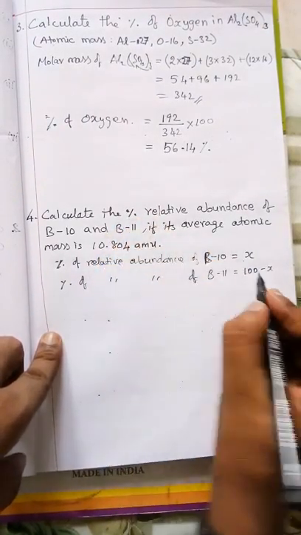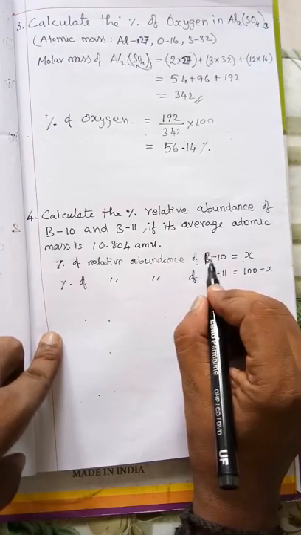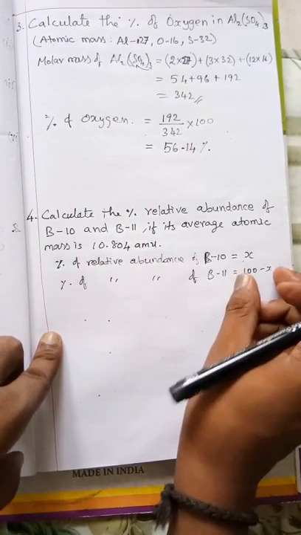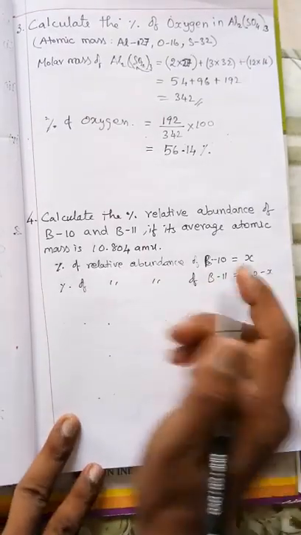Because percentage means it is 100. So 100 minus the B10 value, 100 minus X, the remaining is only B11.